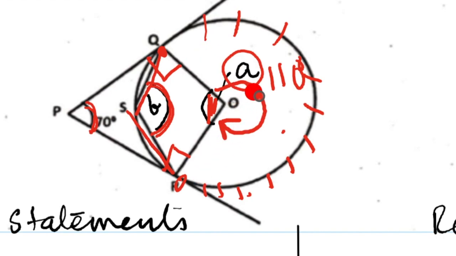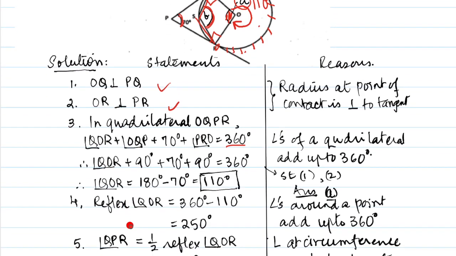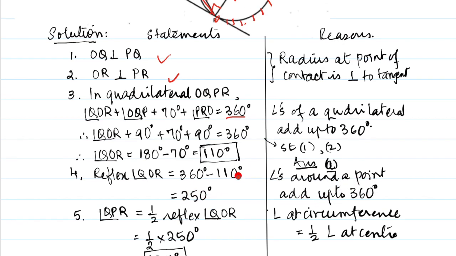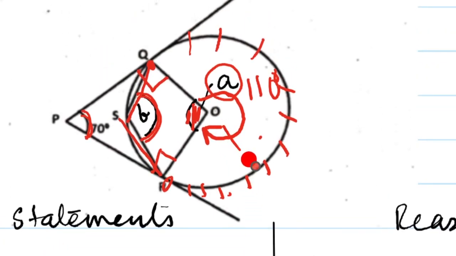This reflex angle QOR will be 360 degrees minus this 110. So see what I have written. Reflex angle QOR is 360 minus 110 because angles around a point add up to 360. That turns out to be 250. So we have this angle.